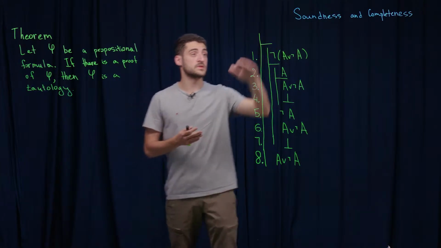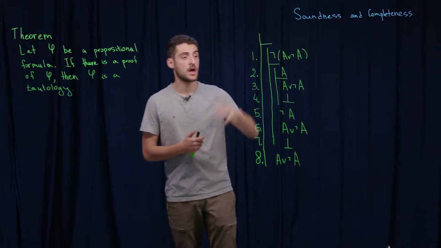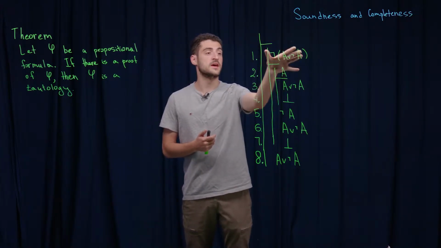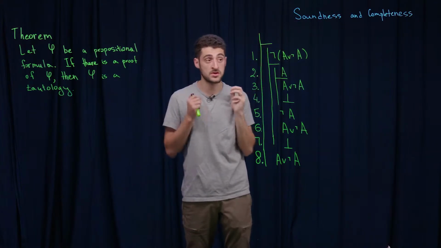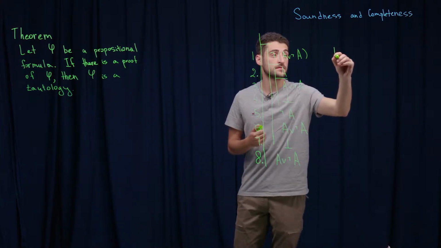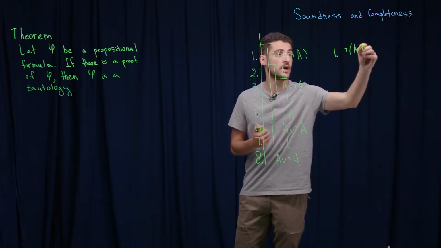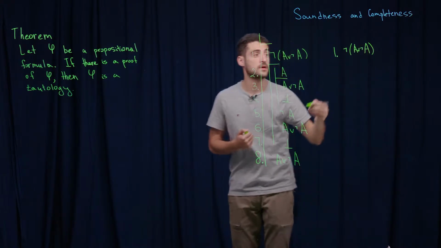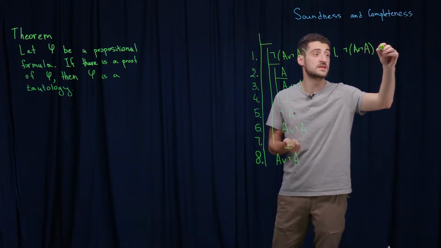So we start with an empty line because we don't have any assumptions, and the first actual line is an assumption that A or not A is not true. We rewrite it like this. So we say that under the assumption that A or not A is not true, we can derive the assumption itself.